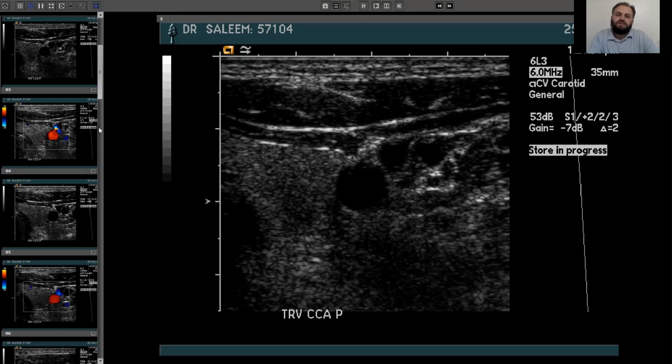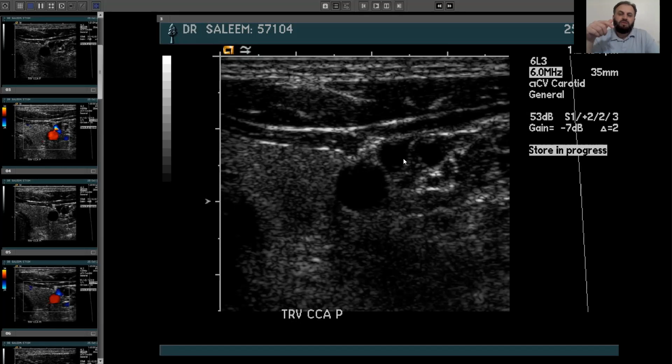The most important thing is, when we're scanning the carotid arteries on the neck, whether right side or left side, that the best approach is to use the jugular vein as an acoustic window, which we can see on this image. That way it will remind us of two things.